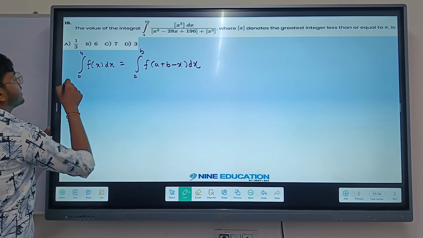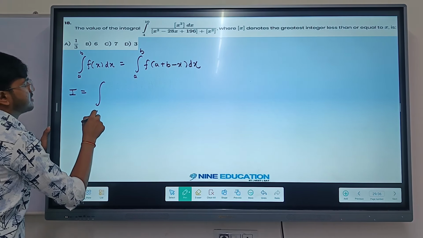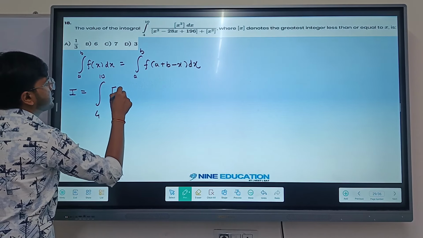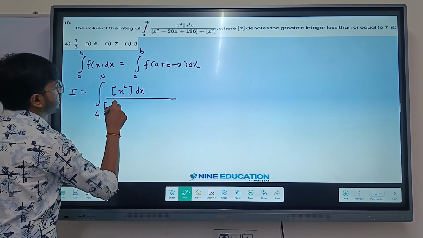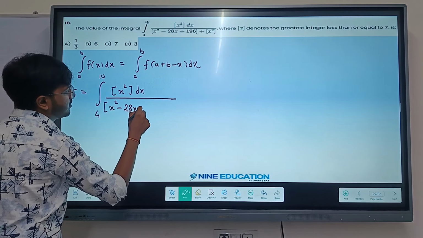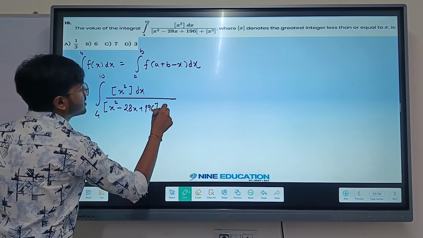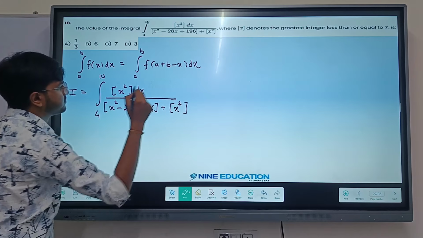But let's say I have this integration 4 to 10 greatest integer of x square dx divided by greatest integer of x square minus 28x plus 196 plus greatest integer of x square.